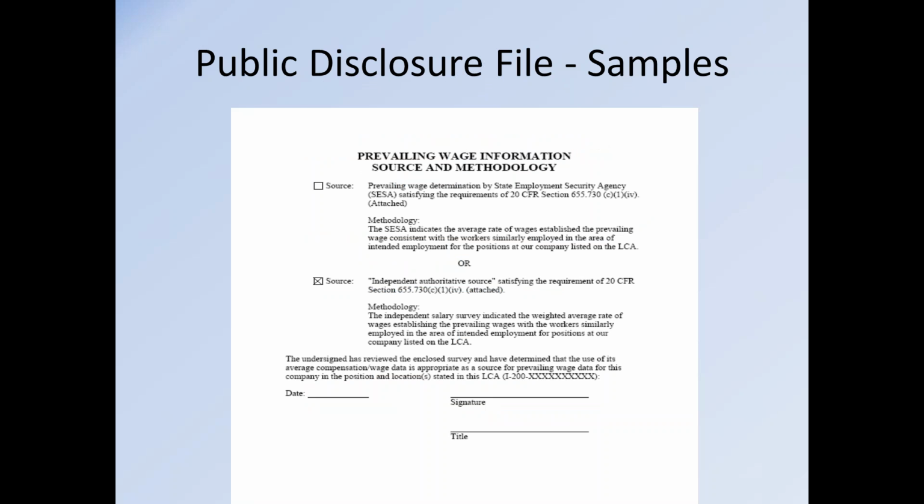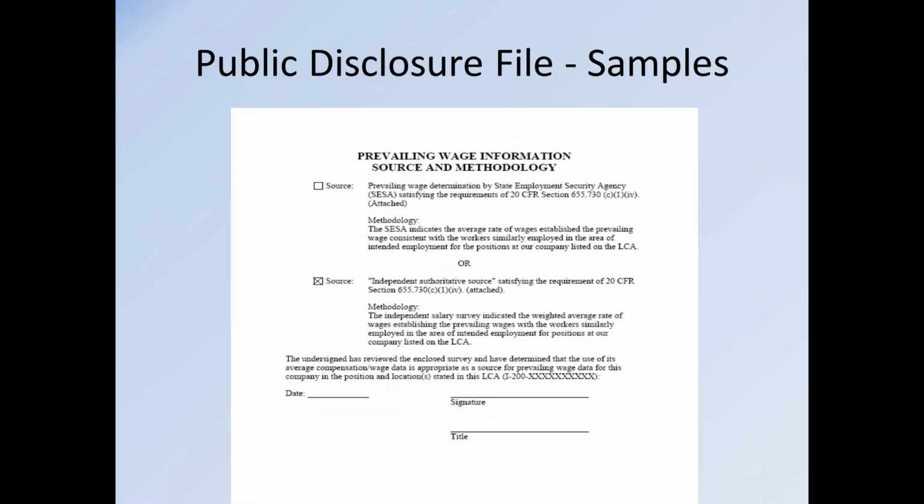Perfect. The prevailing wage source information. So it's either you did an independent authoritative source. For your knowledge, both a private wage survey and the OFLC online data center would satisfy this independent authoritative source methodology.